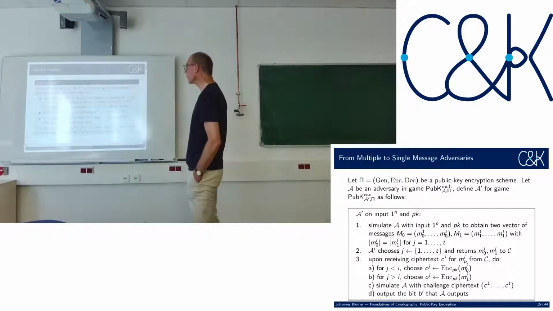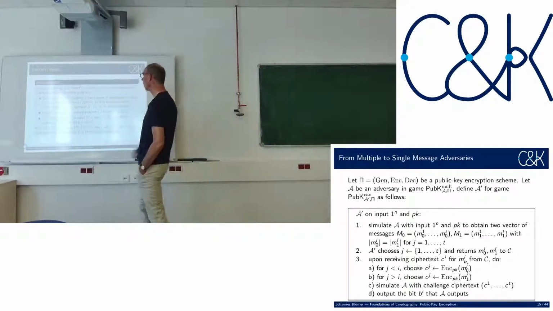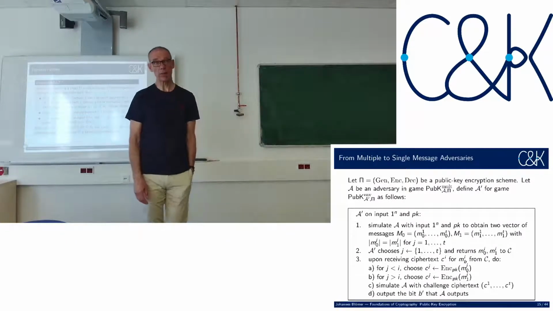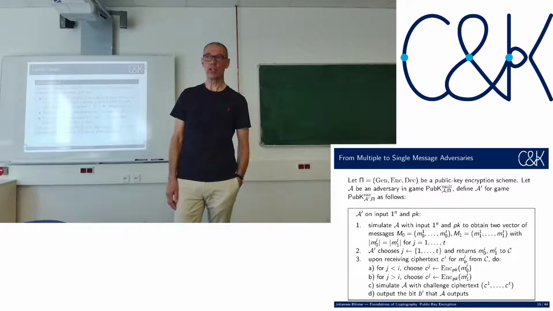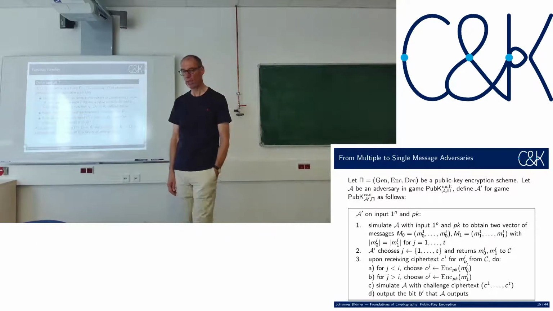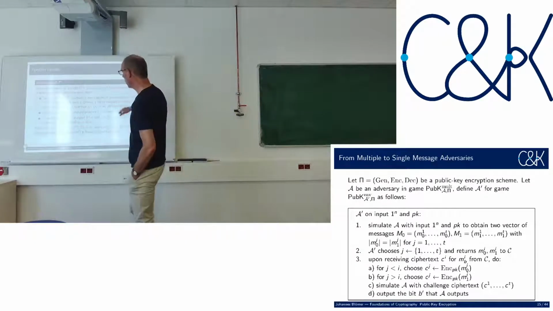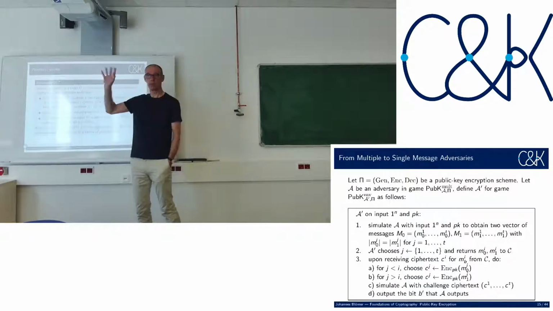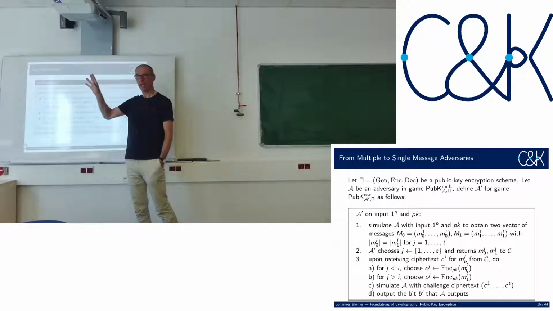A function family is a triple of three algorithms: Gen, a sampling algorithm, and an evaluation algorithm F. The key generation algorithm, and this is again syntactic, doesn't say anything about what kind of security properties it may have. That comes later.